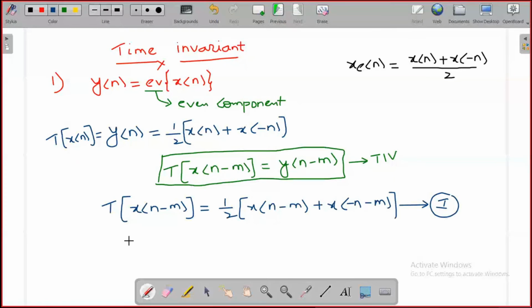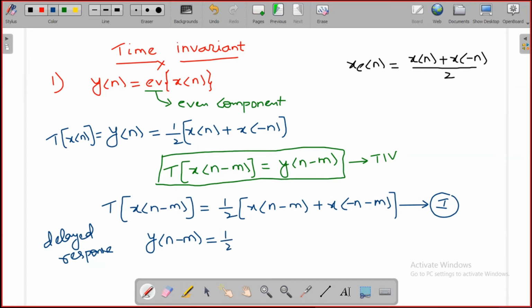Now find the delayed response, which is y of n minus m. To find y of n minus m, in the given system y of n, in place of n, write n minus m. In place of n, substitute n minus m.